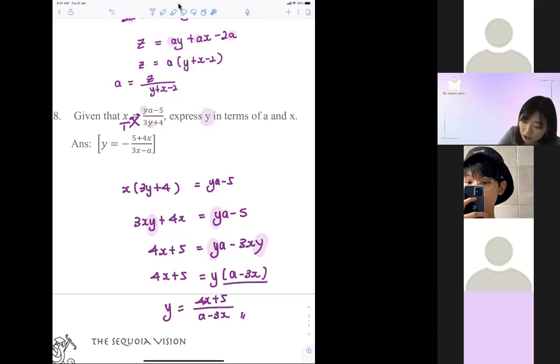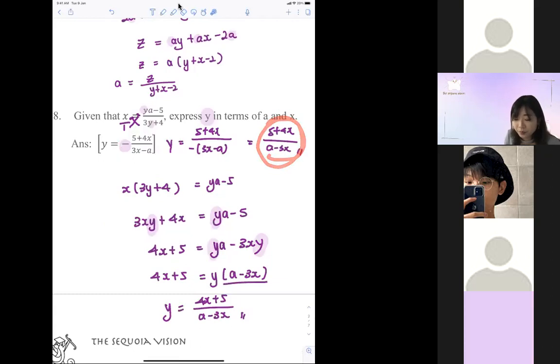Okay, this answer is not preferable. Remember, we want as little negative as possible. The negative here can actually be brought down. Then you can flip the bracket. Okay, it will be more preferable this way.